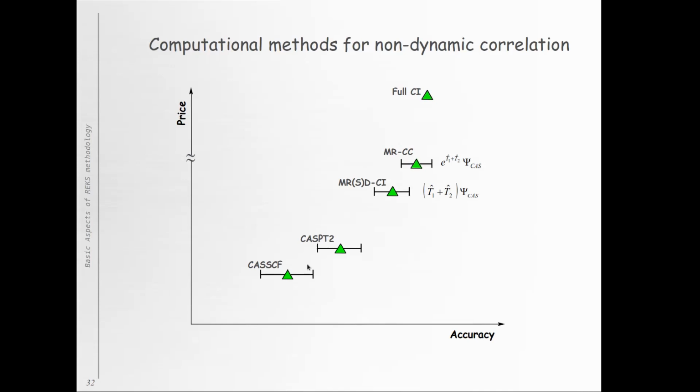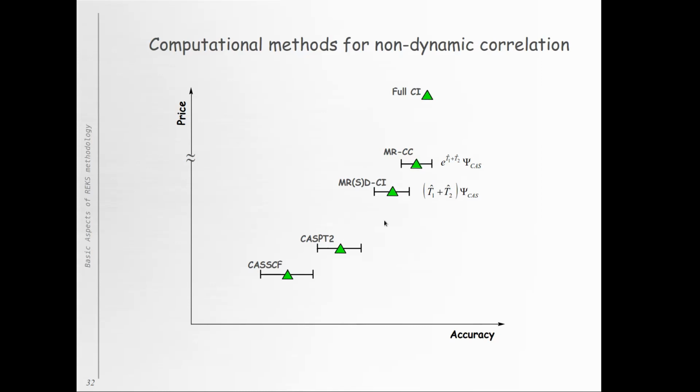CAS-PT2 methodologies, where on top of this multi-configurational wave function we include some dynamic correlation through perturbation theory, are of course more costly, but give us better accuracy. Further, we can go to multi-reference CI with single and double excitations, MRS-DCI, where we include single and double excitations on top of the CAS-SCF wave function.